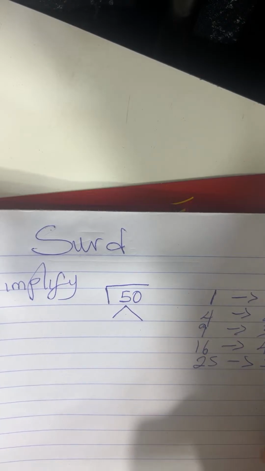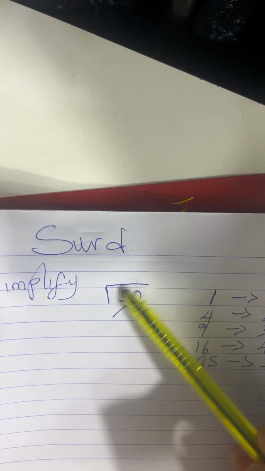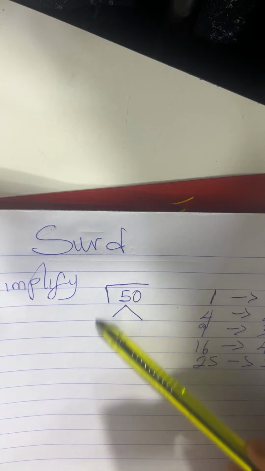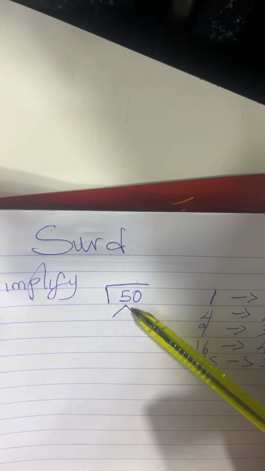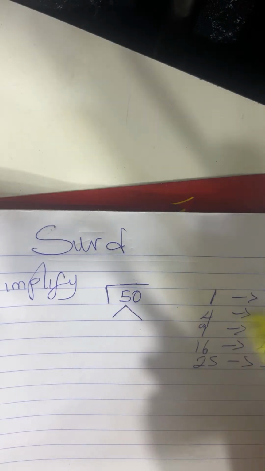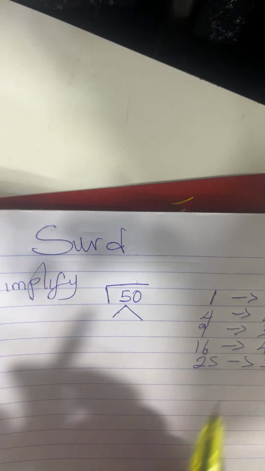So to simplify surds, we are going to think about the two numbers that multiply to get the number in the square root. But the thing there is that of the two numbers, one will be a perfect square, the other will not be a perfect square.